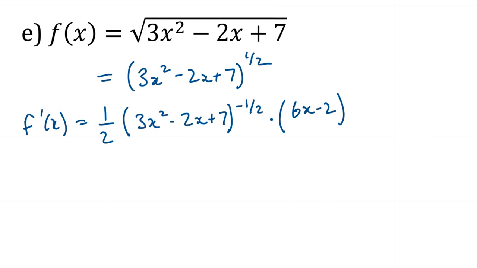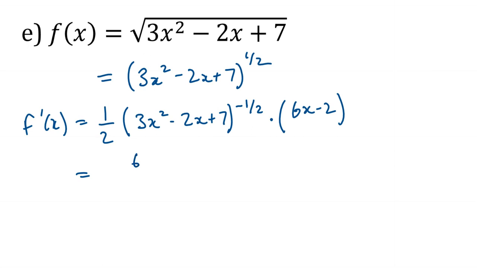And generally, we'd clean this up a little bit. When you get a question like this on the quiz, yes, you have to take care of this negative exponent. What does that look like? This is like 6x minus 2 over 1, right?